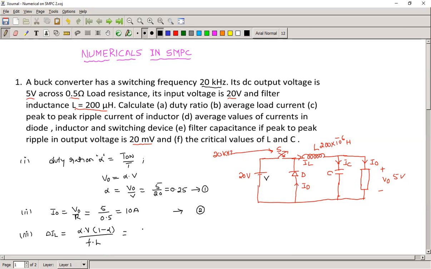Alpha equal to 0.25 from equation 1, input voltage 20 volts into 1 minus 0.25, divided by the switching frequency 20 into 10 cube, into inductance 200 into 10 to the power minus 6. We are getting the value as 0.9375 amperes. This is delta I.